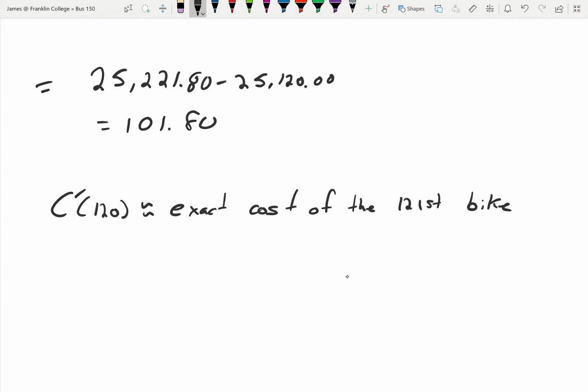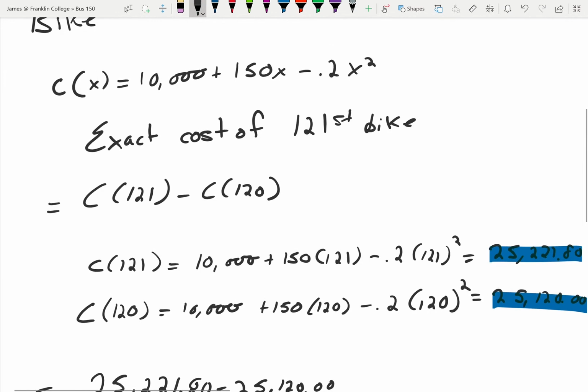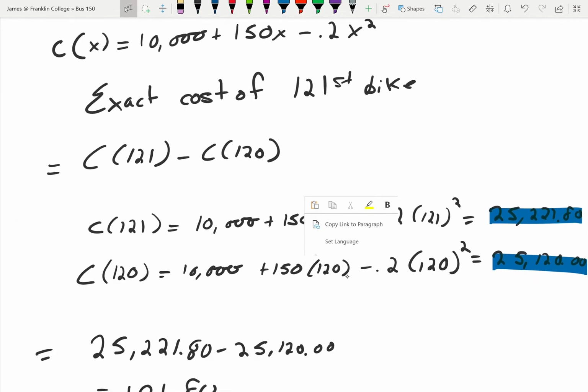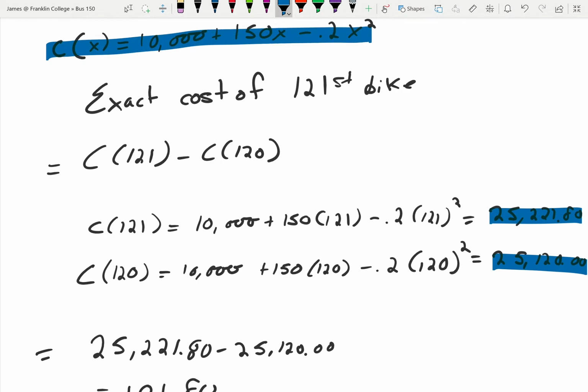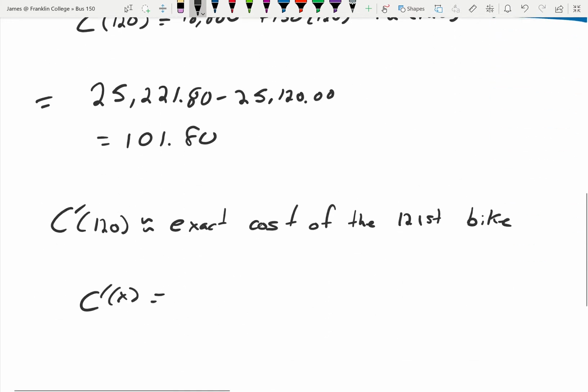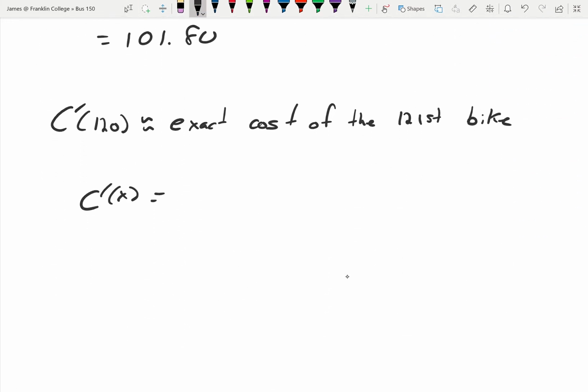So first we have to calculate what C prime of x equals. Remember, this is C prime of x, so that's from C of x. C prime of x will simply be 150 minus 0.4x.